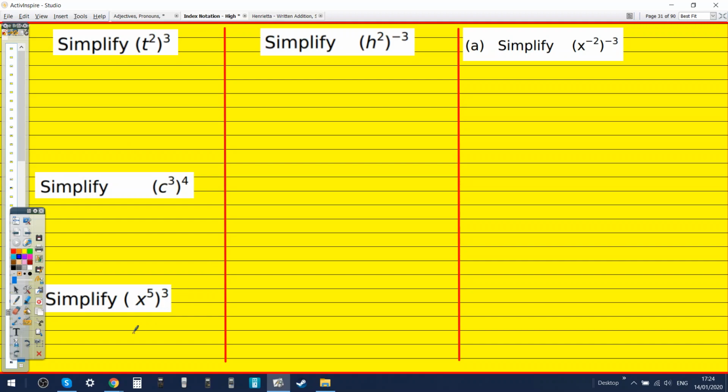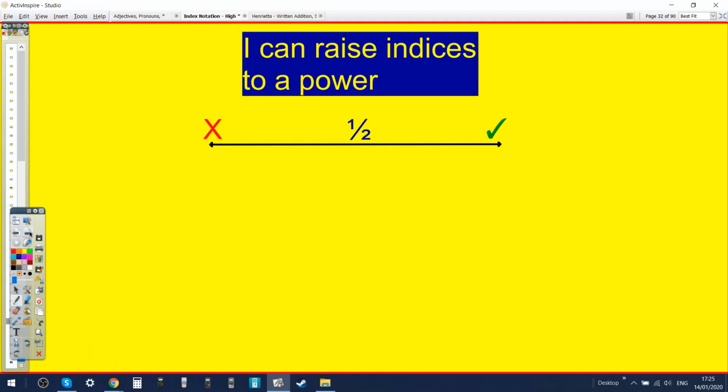What is bottom left? X^15. Top middle. H^-6. And right. X^6. Well done.